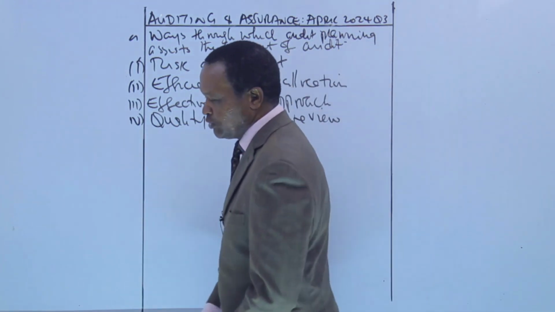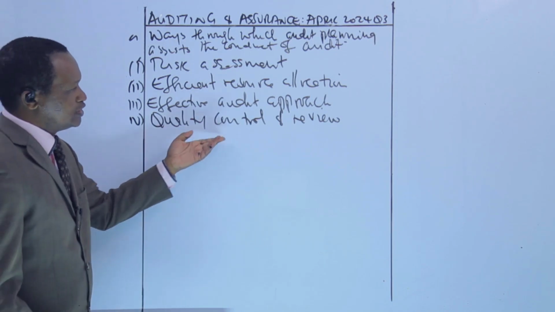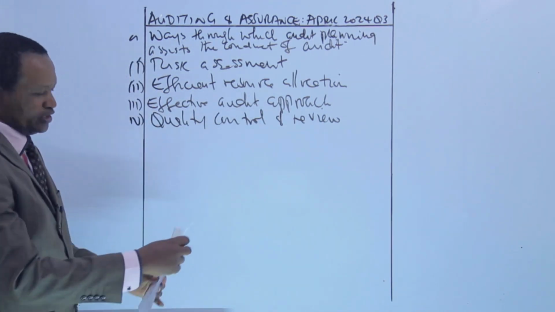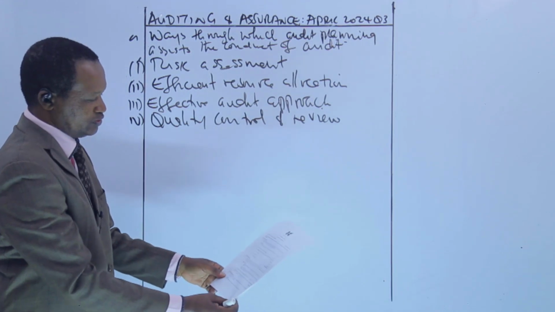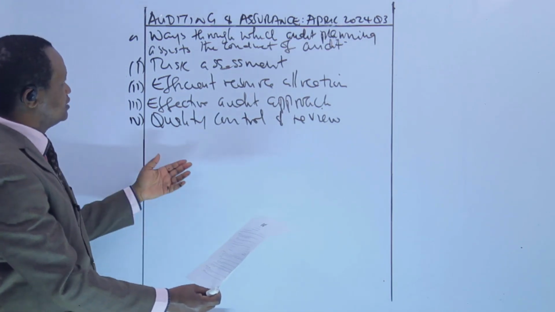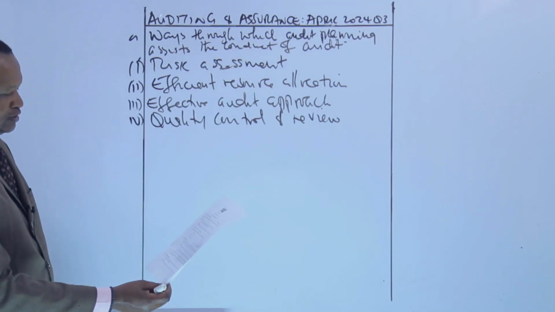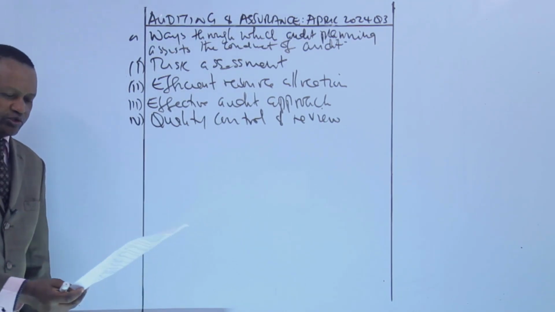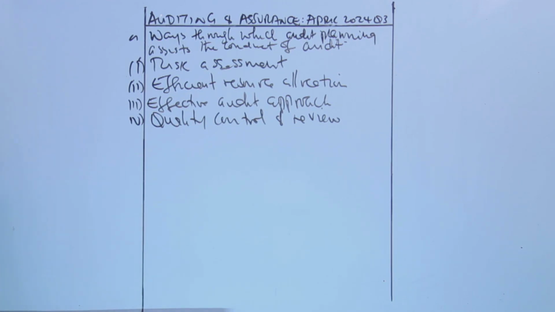So I've just used many words, candidates, but to put it in just 3 words: quality control and review, which is part of the answer that was given within the question. So that is 4 ways through which audit planning assists in the conduct of an audit. Right?